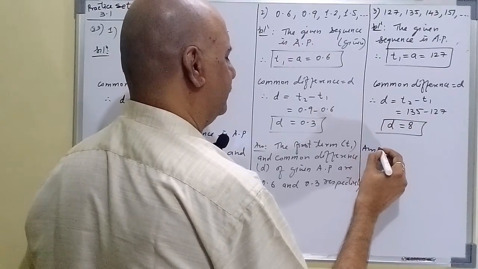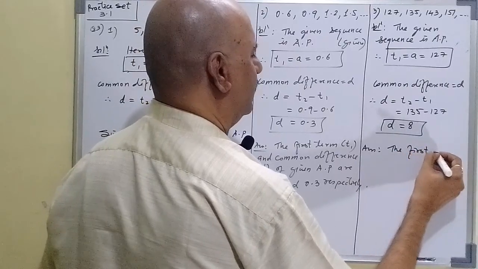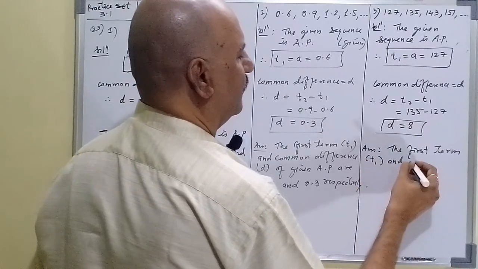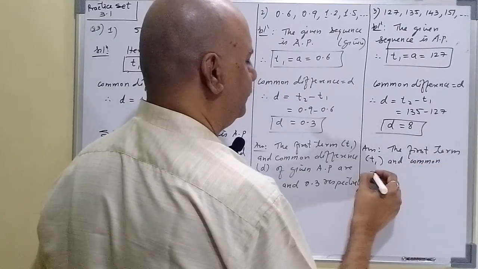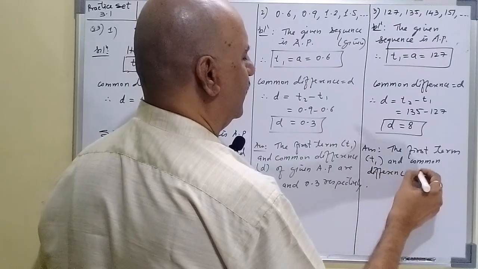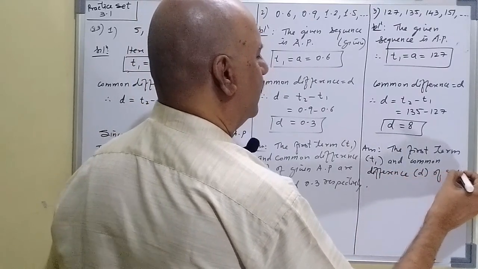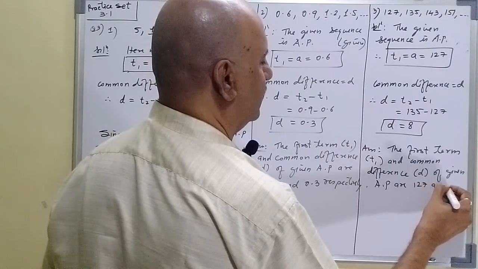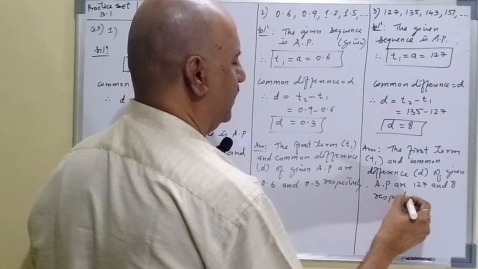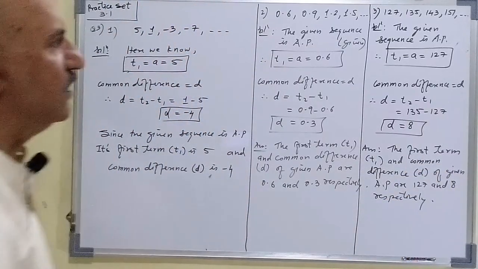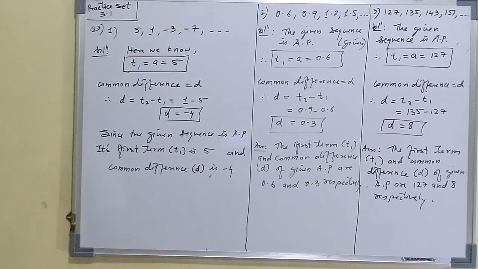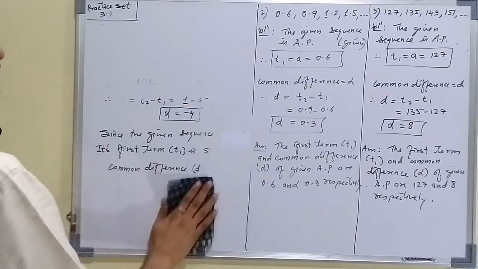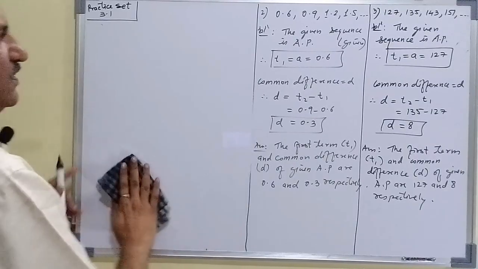लिखो फाइनल आंसर. The first term T1 and common difference D of given AP are 127 and 8 respectively. क्वेश्चन नंबर अभी 4 पे जाते हैं. सब इरेज कर दो.